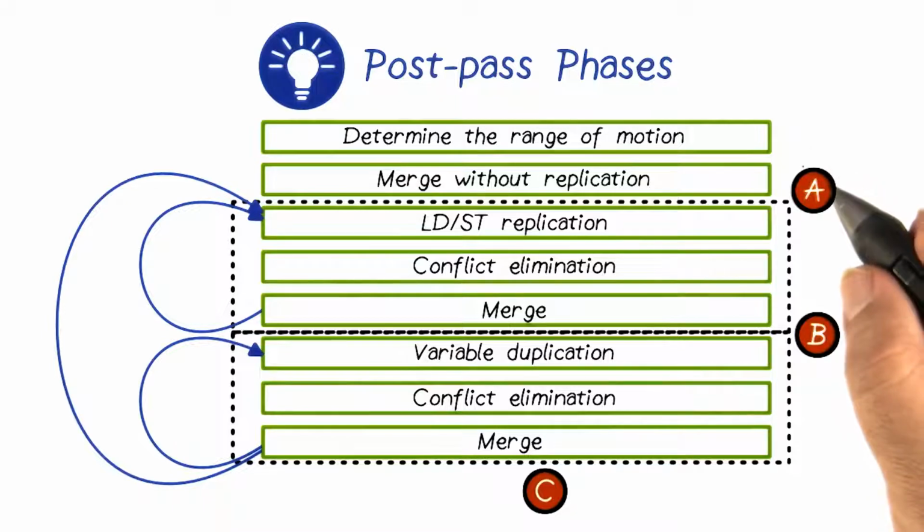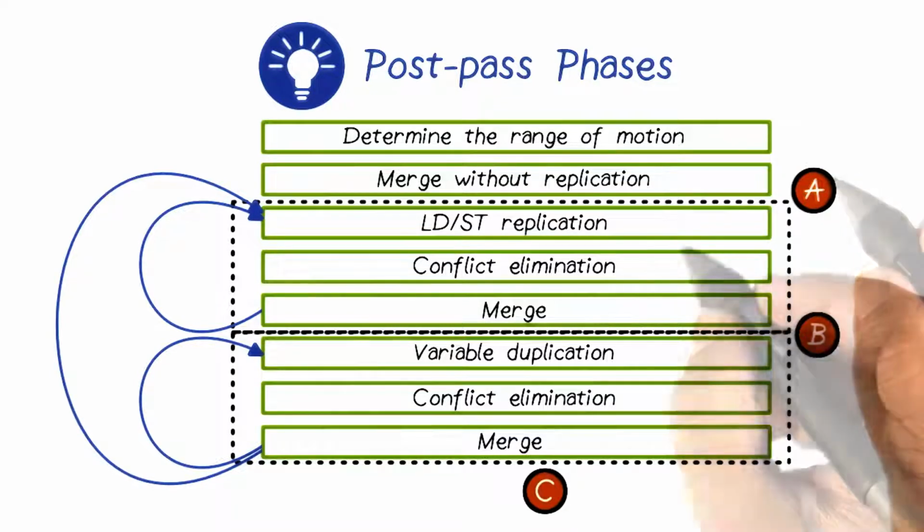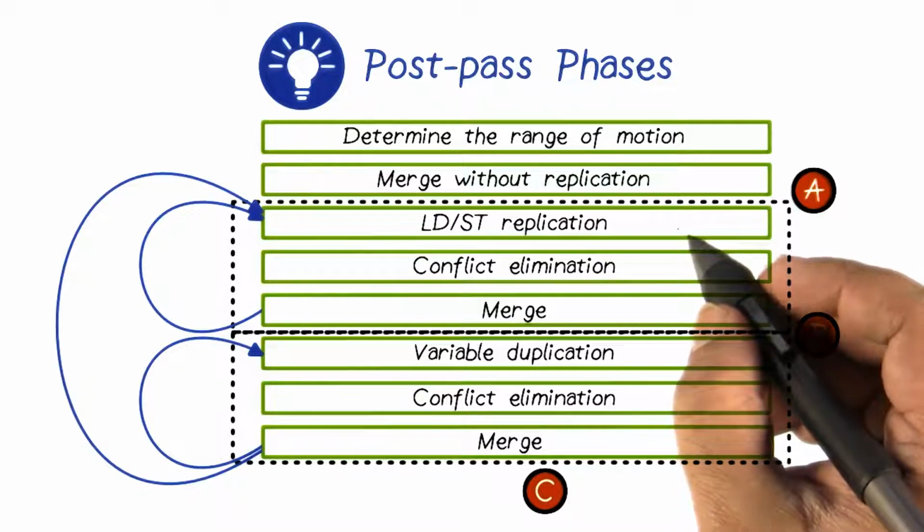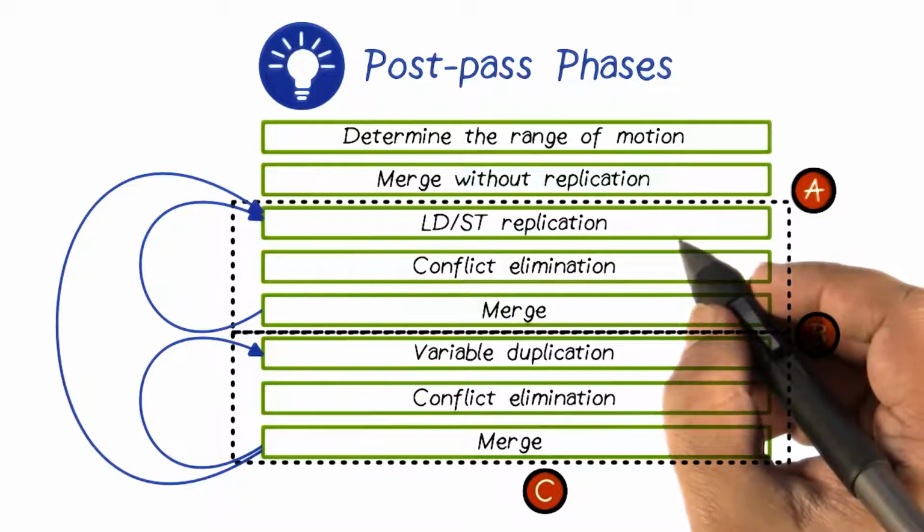And then the first thing that we try to do is we merge those ranges without replicating variables or instructions. The next thing that we do is load store replication. In other words, we can put the load stores across basic blocks and we can create more opportunities for motion across basic blocks, and we are going to look at some of these in the next few slides.